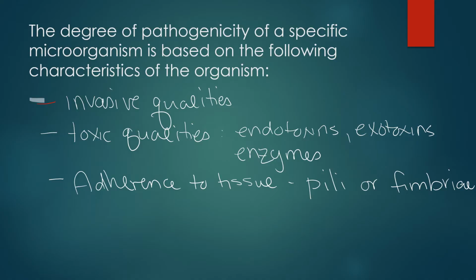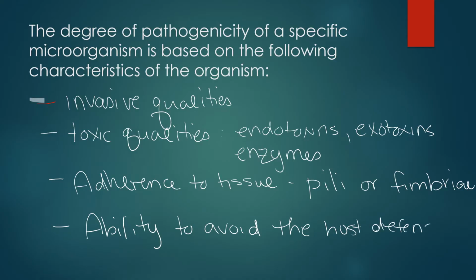And then there's their ability to avoid the host's defenses. Remember, the host would always mount a defense. The ability of that microbe to recognize that the host is mounting a defense against them and to avoid it. So, the ability to avoid the host defenses.